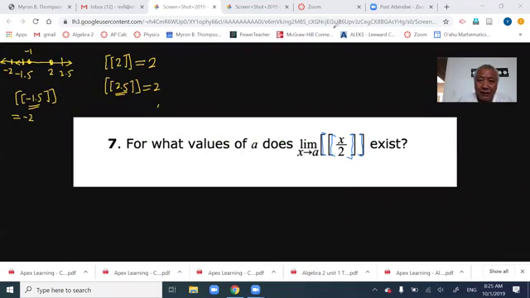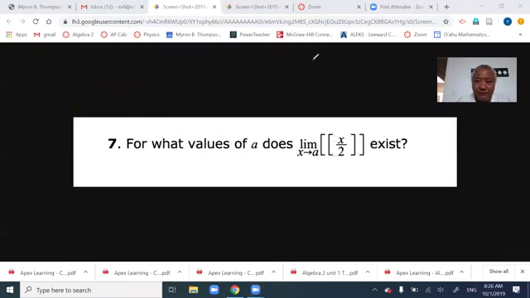If you graph this, you will see that there is a gap at certain points.